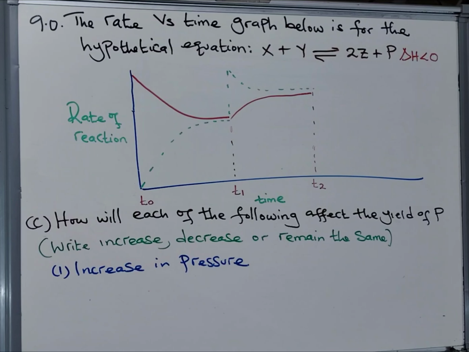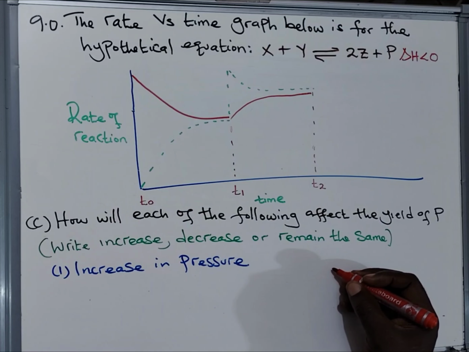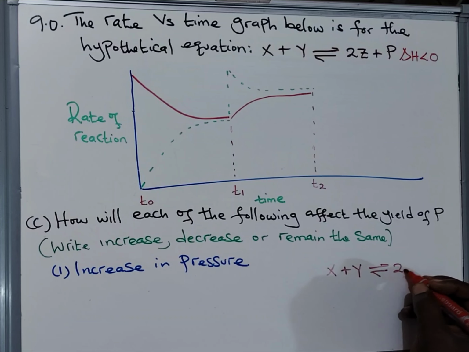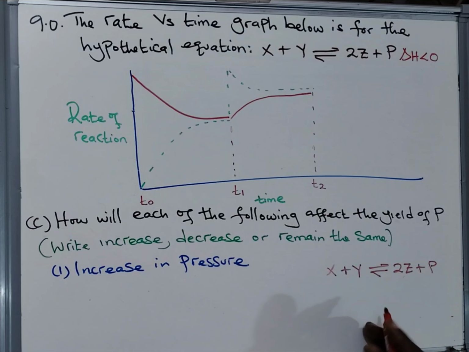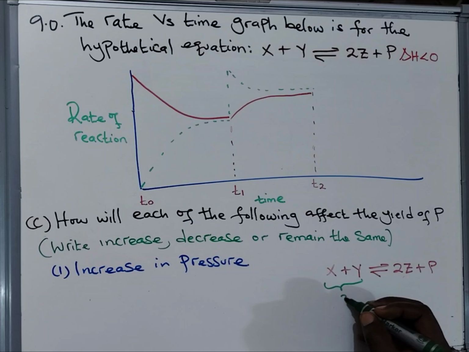How do you assess that one? Let us derive the equilibrium. If you have x plus y giving you 2z plus p, to predict pressure effects it is mandatory to count the number of moles. On the reactant side, you have 2.